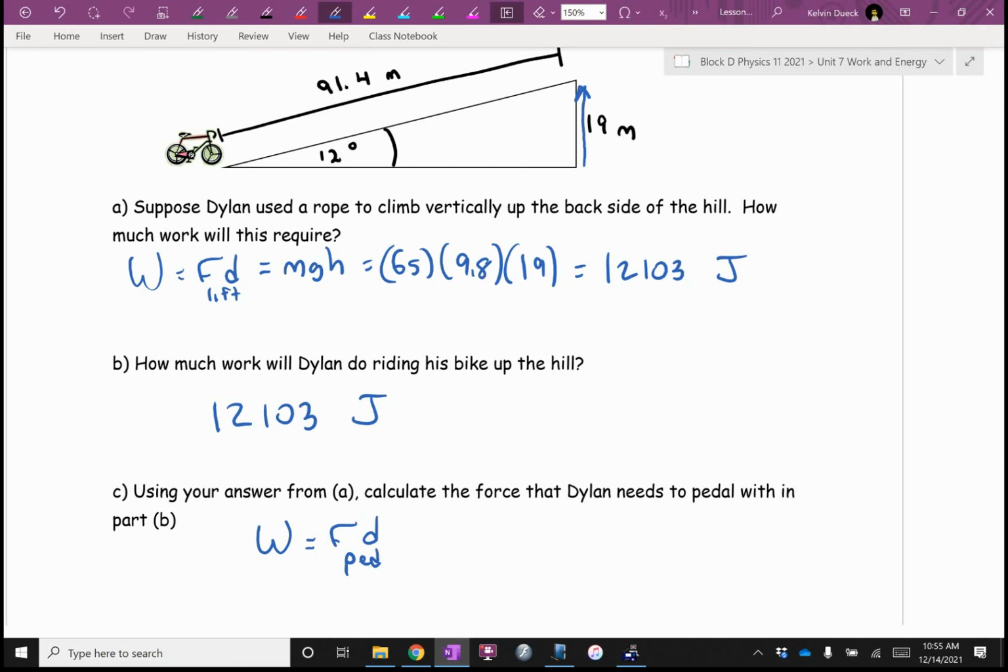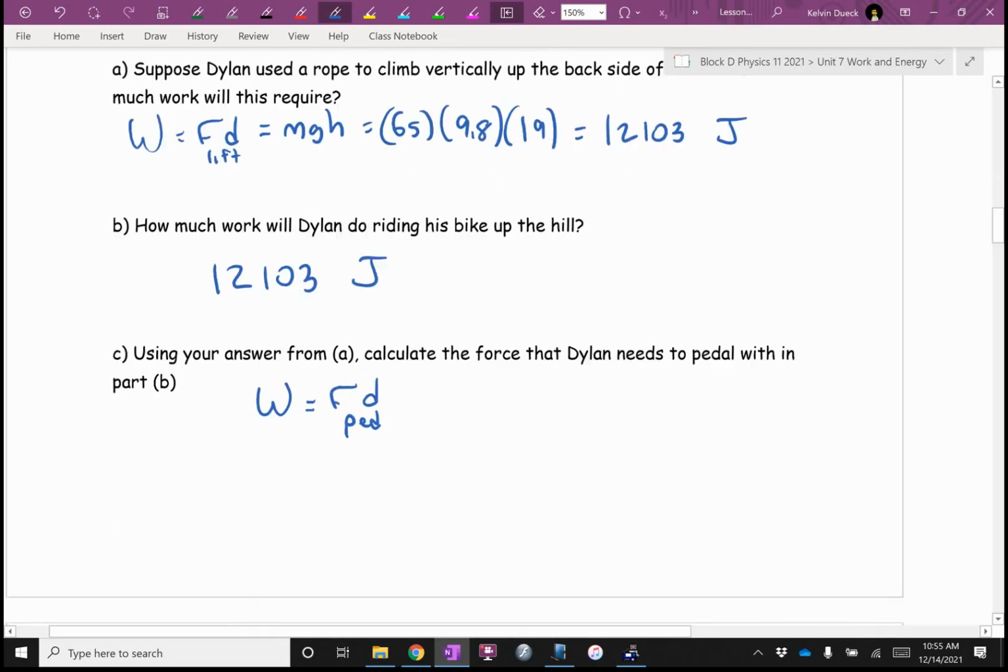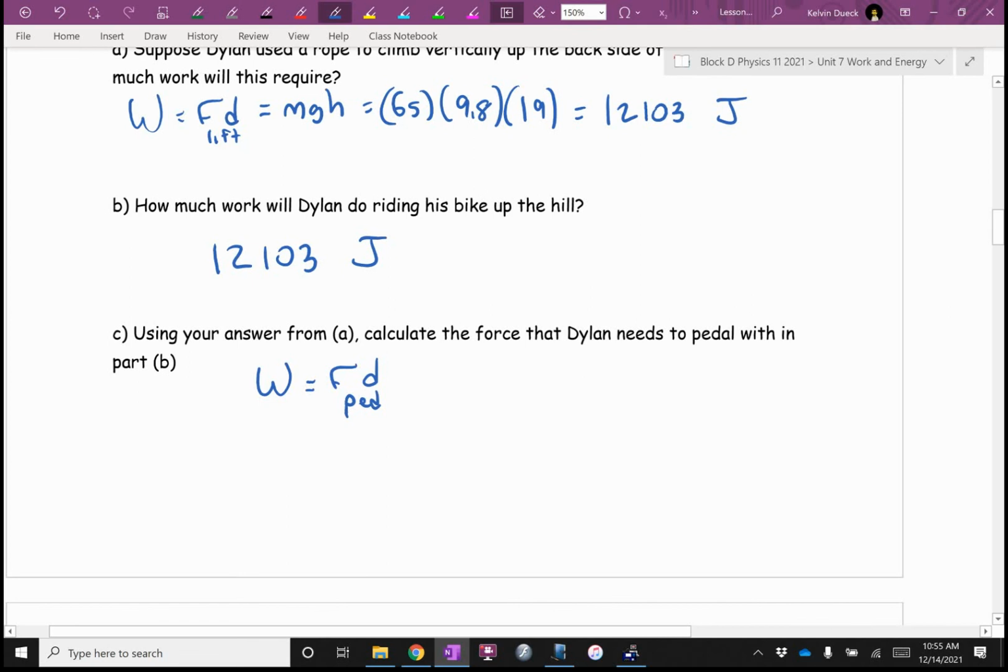Okay. Get the force by itself. How will I move the d over? So, yet another equation for force that I'm not going to memorize. Are you telling me that force is going to be the work divided by the distance?